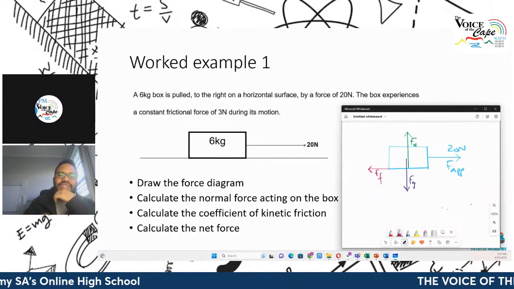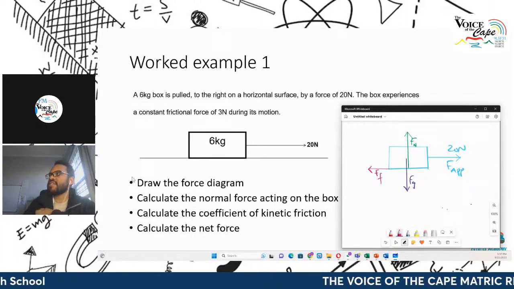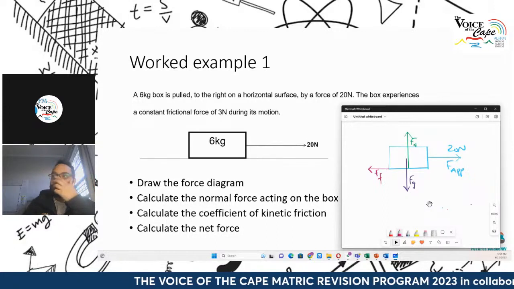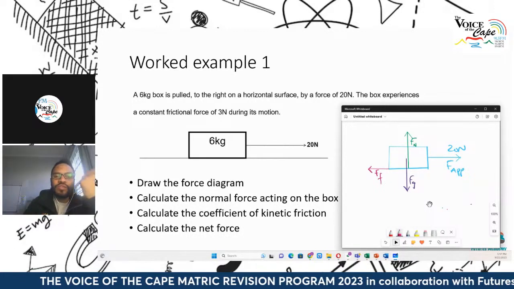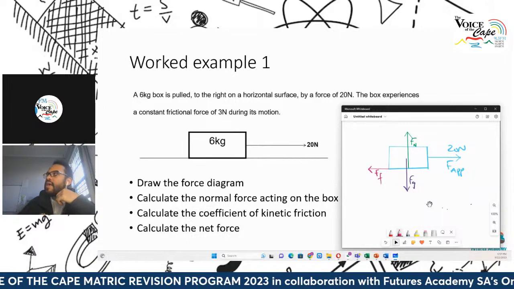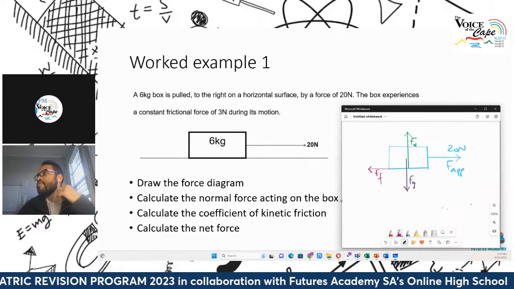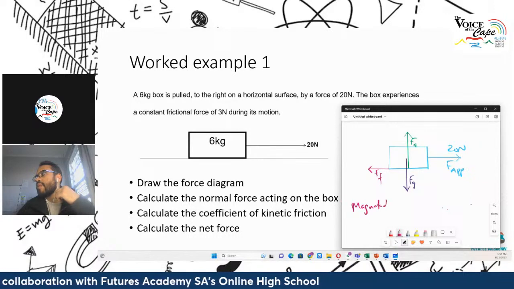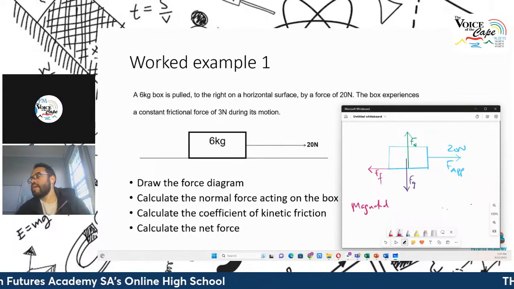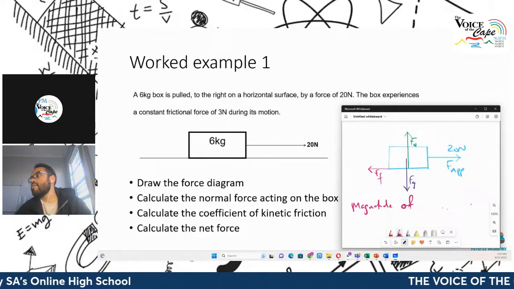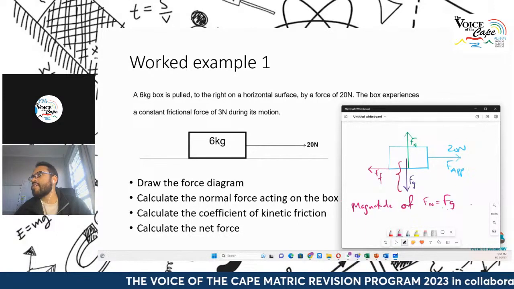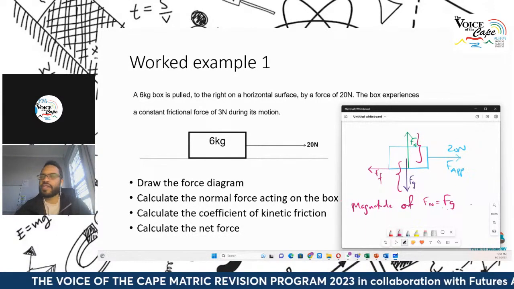The second question is calculate the normal force. Now, we use the gravity over here to indicate what the normal force would be, okay? And we know this because for the magnitude, for number 2, the magnitude of Fn is equal to F little g, because this magnitude is equal to the magnitude of that.